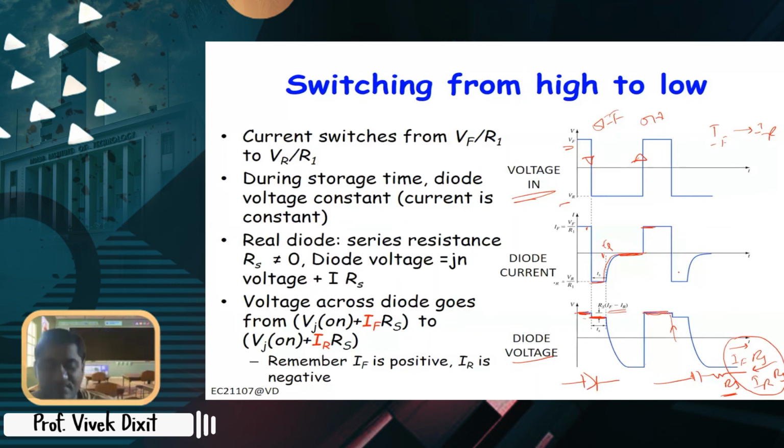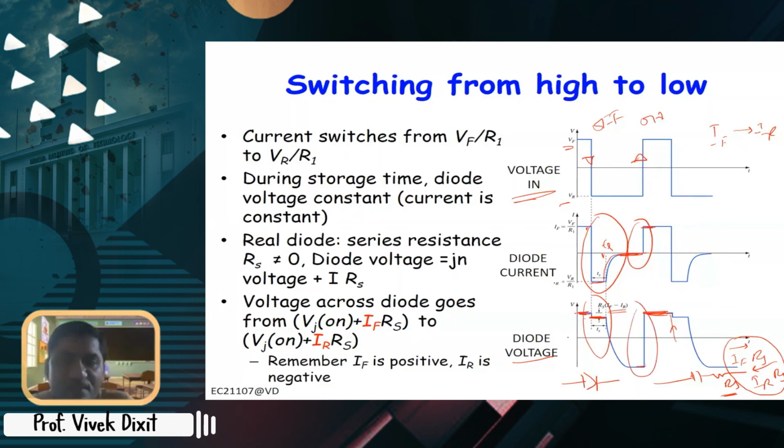It quickly gets the voltage, because in this case the current was already pretty low. So current suddenly increases, and it doesn't require much time to inject the carriers. So of course the scale is a little exaggerated, but the turn off transient takes more time than the turn on transient.